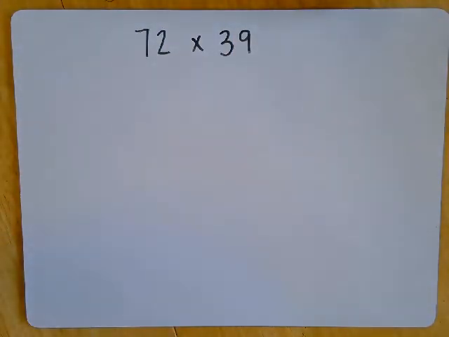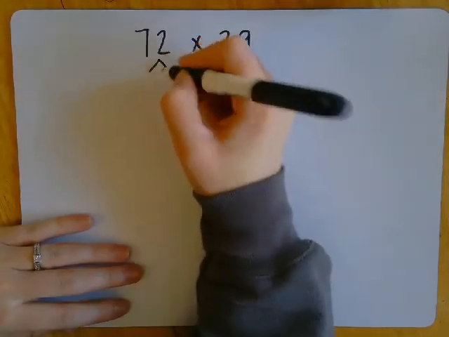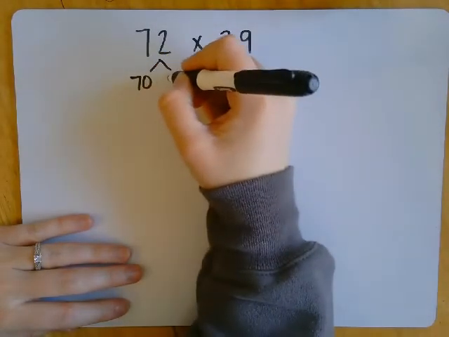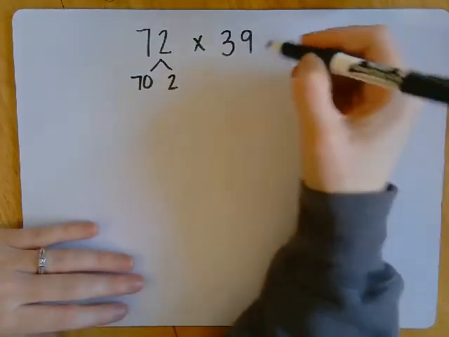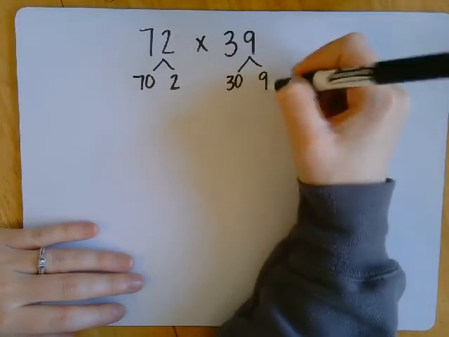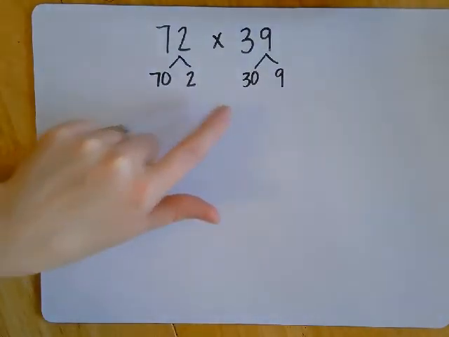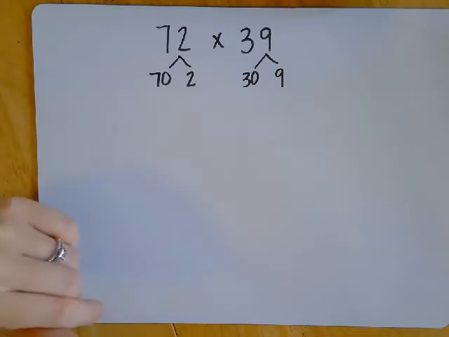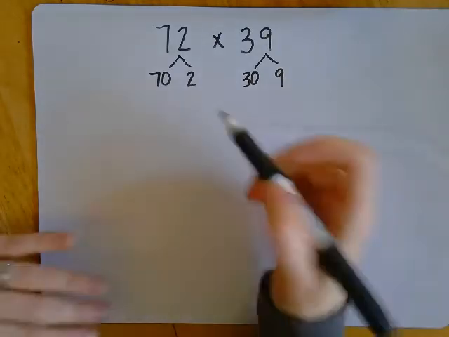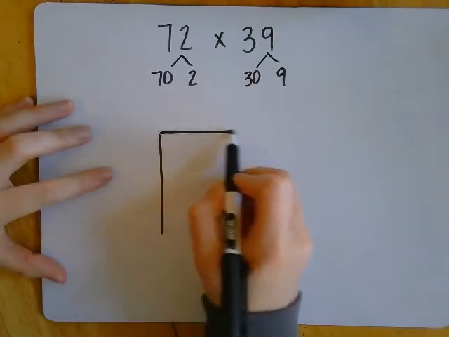Again, I'm going to start by looking at the different parts of these numbers to see what I need to multiply. I know that 72 is made up of 70 and 2, and I know 39 is made up of 30 and 9. So I will be multiplying 1, 2, 3, 4 numbers again. So I can set up my area model now that I have all of the pieces.